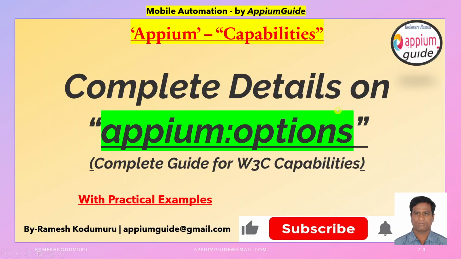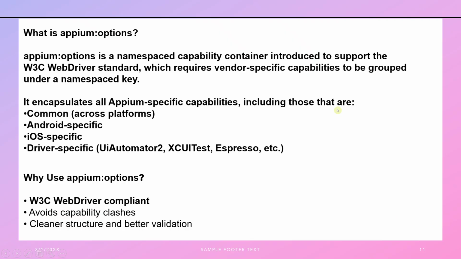So first of all, what are the APM options? See, APM options is a namespaced capability container introduced to support the W3C WebDriver standard, which requires vendor-specific capabilities to be grouped under the namespace key.